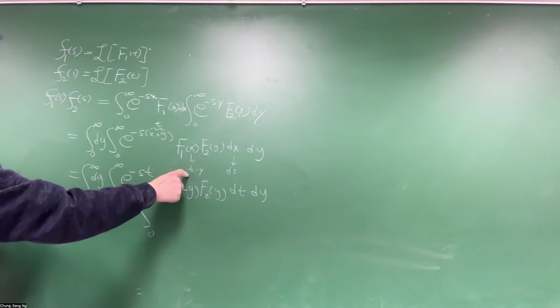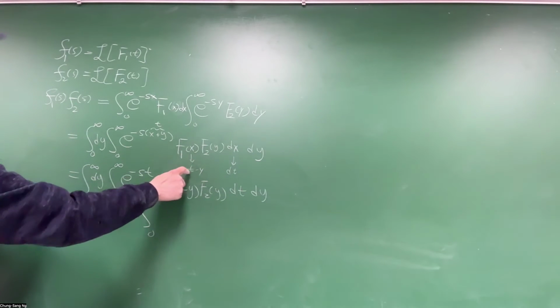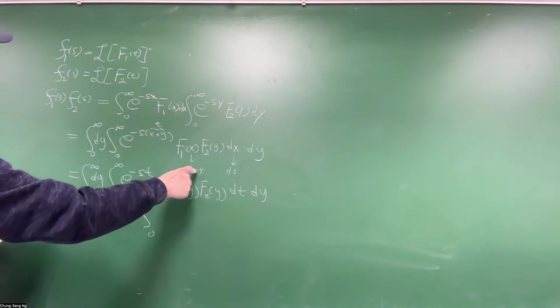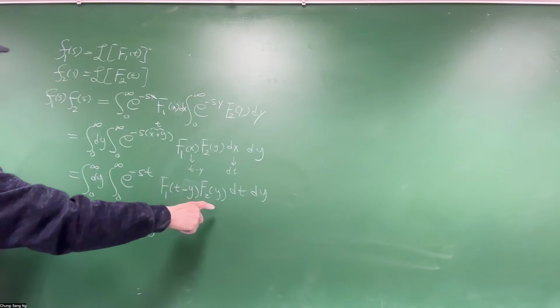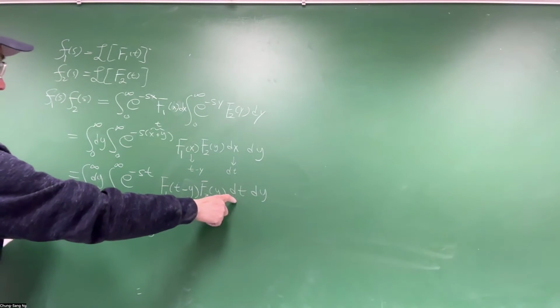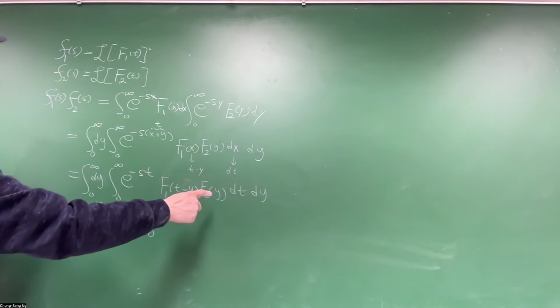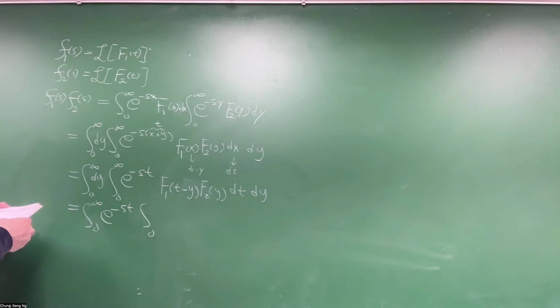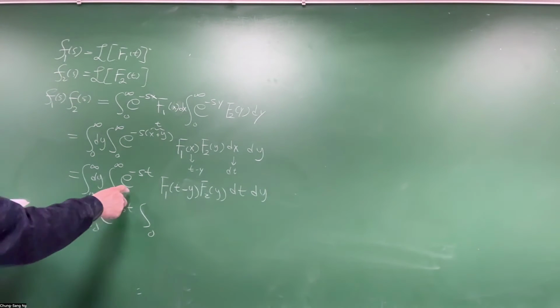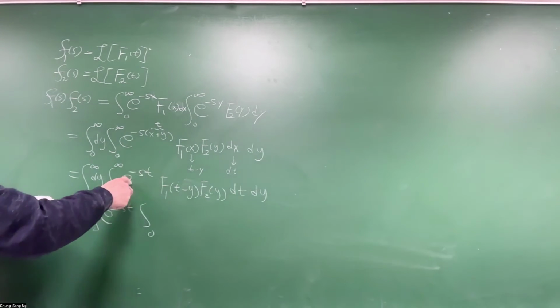Now you change it to t minus y, right? So you want to figure out the t limit. But the t limit is also 0 to infinity.